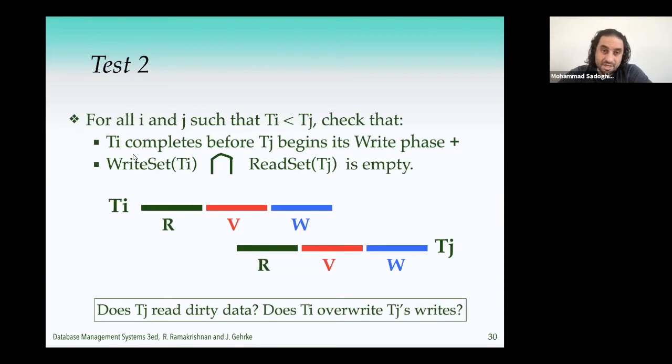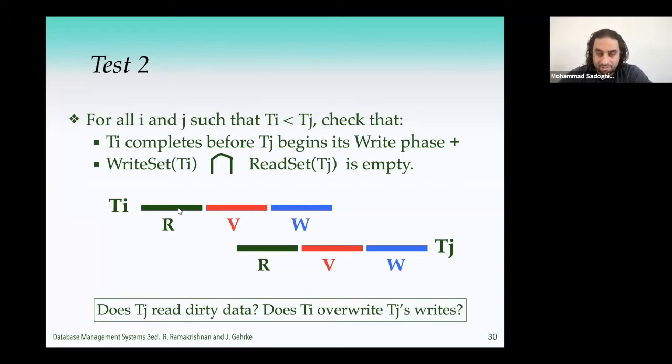What this means is Ti completes before Tj begins its write set. In other words, anything that Tj writes is not going to overwrite Ti's writes, and it's also not going to invalidate what Ti has written.